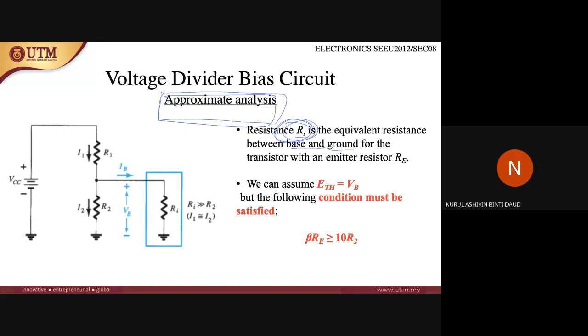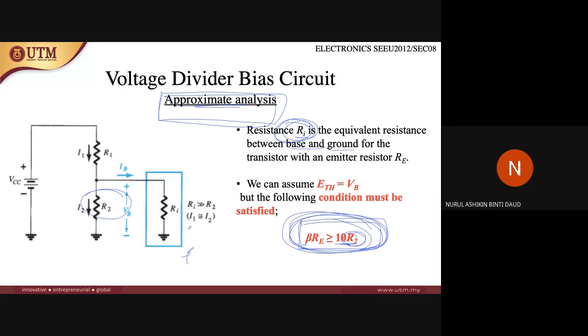To use this approximate analysis, this condition must be satisfied: the value of beta times RE, the resistor at the emitter, must be larger than 10 times the resistor R2. If this condition is fulfilled, then only can we use this approximate analysis. Usually the value of beta is given inside the circuit, right?